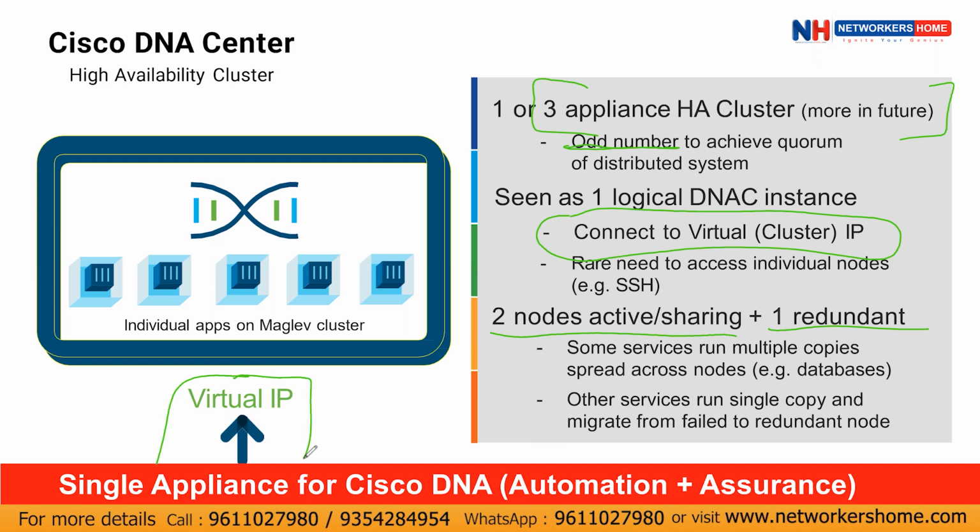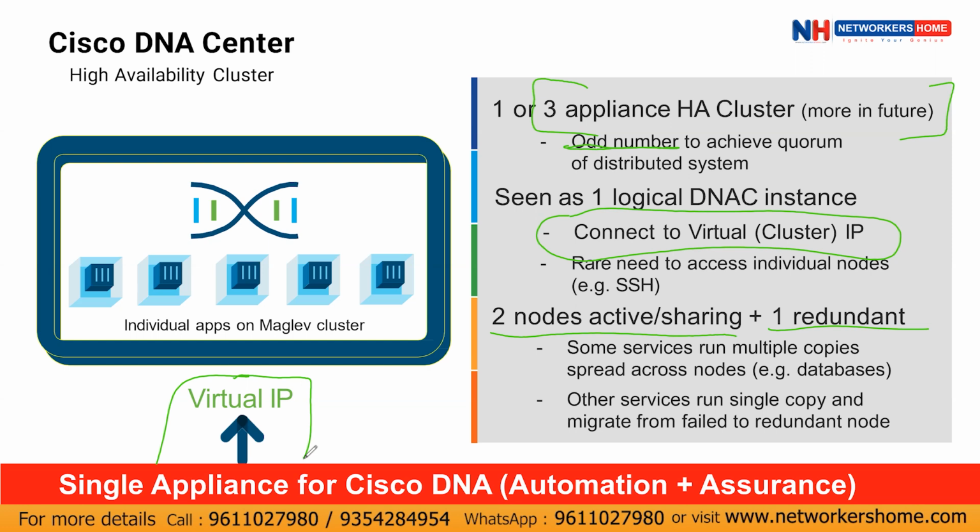So you enter the virtual IP to access the DNA Center, and the services are not equally distributed, but in a fashion which Cisco has developed, like some 20-30 services are running on node 1, 10 to 15 services on node 2. Sometimes there are 2 or 3 services running on node 3, which is the redundant node, and sometimes there are 20 services running on node 3 as well.